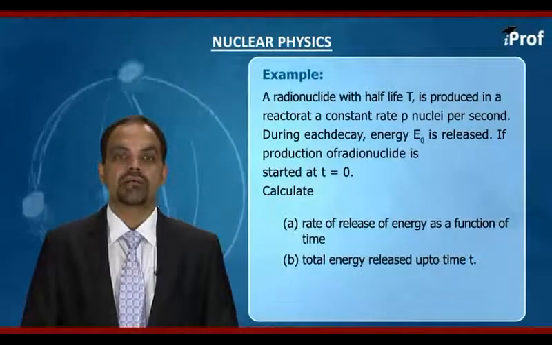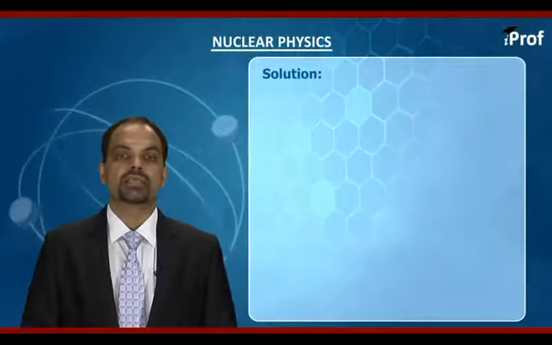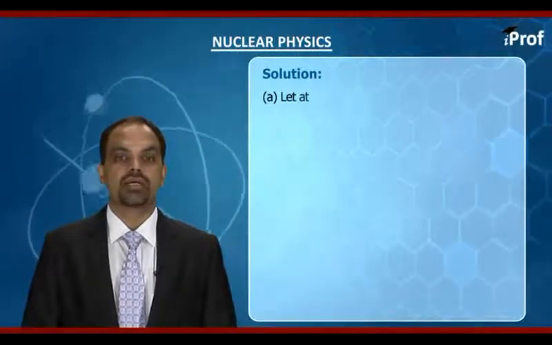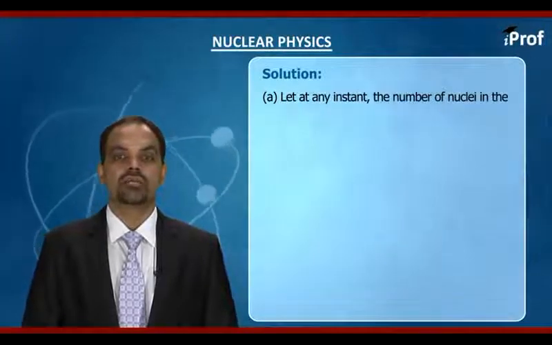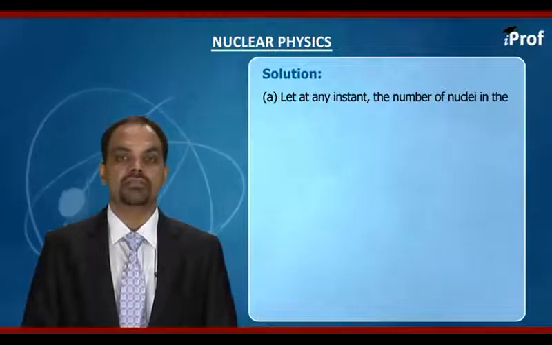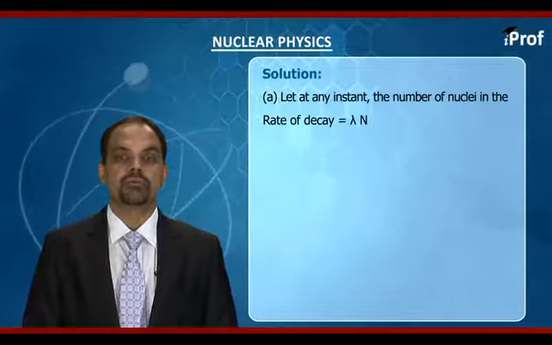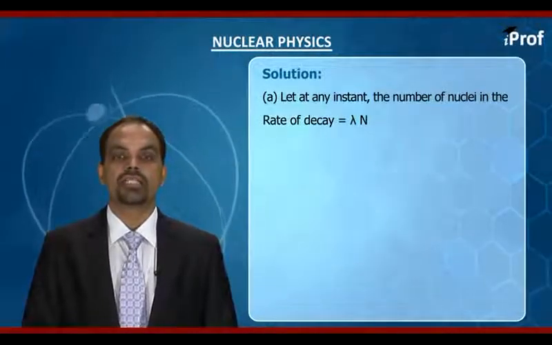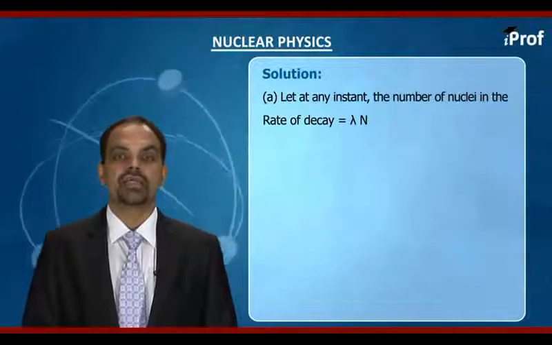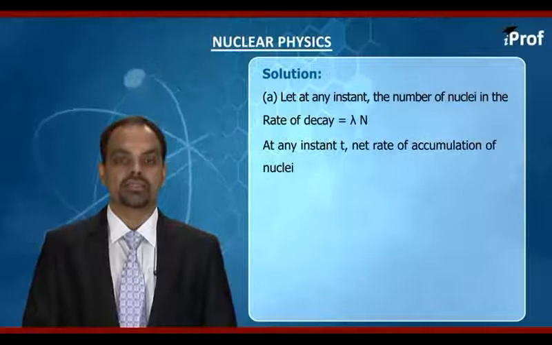First let's have a relevant differential equation. Let us suppose at any instant of time the number of nuclei in the radionuclide be a capital N, then we know that rate of decay will be simply lambda N. That is the radioactive law, that is the rate of decay at an instant is proportional to number of radioactive nuclei left.